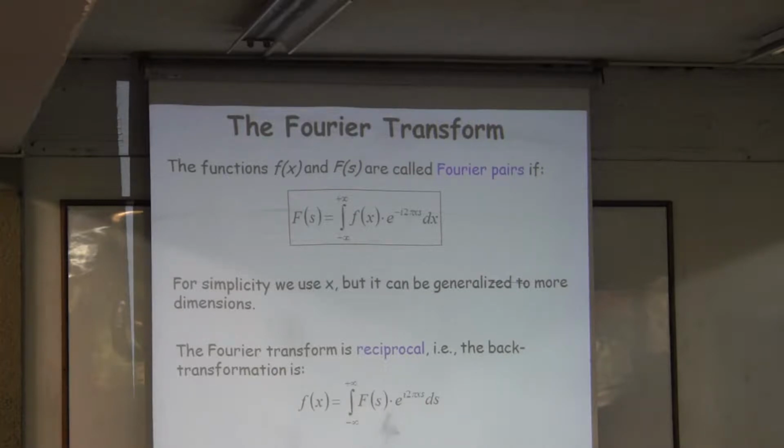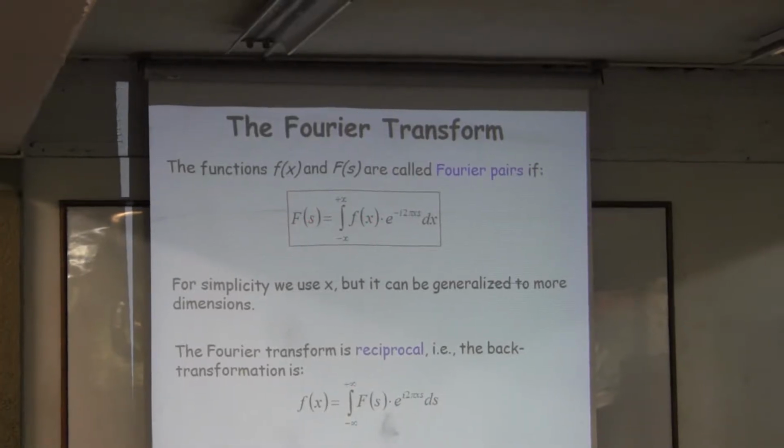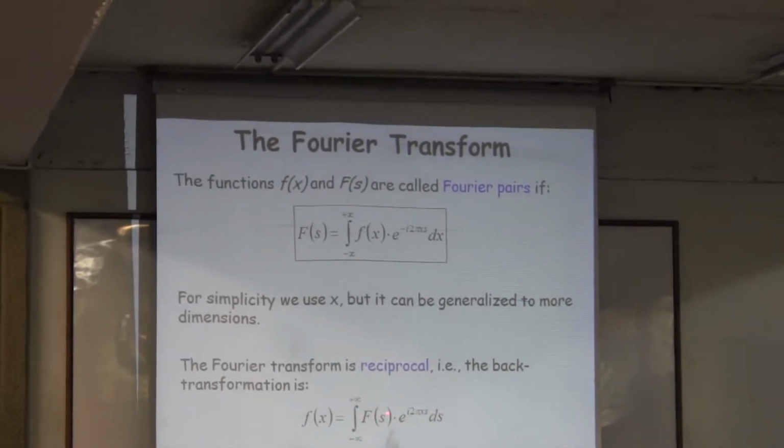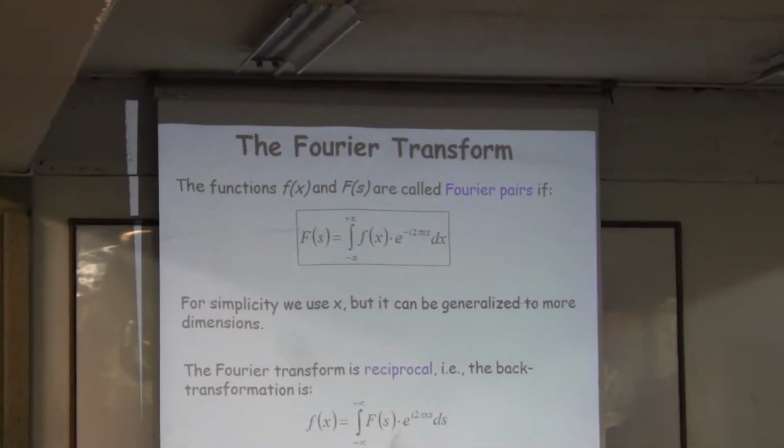Okay? Also, we use x here as a simple variable, but the whole thing would also work in 2 dimensions or in 3 dimensions. And this is also, you can invert it. You can solve for f of x if you have this function, and then f of x is just the reciprocal function here.